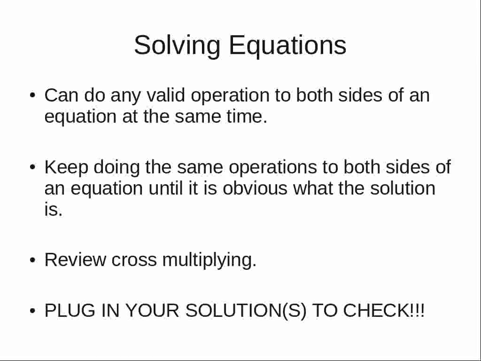Likewise, you can get an equation that's equivalent to the original equation if you do the same things to both sides. All right, you can add numbers to both sides, you can subtract numbers, variables from both sides, you could multiply both sides by numbers and variables. Okay, but keep doing the same thing to both sides.